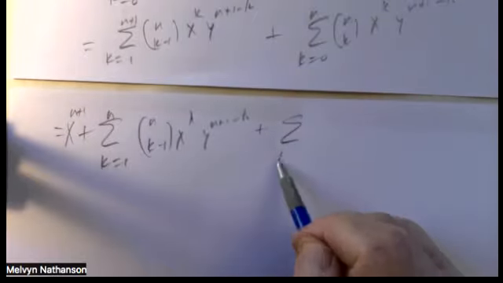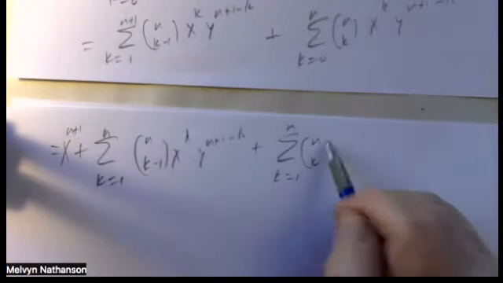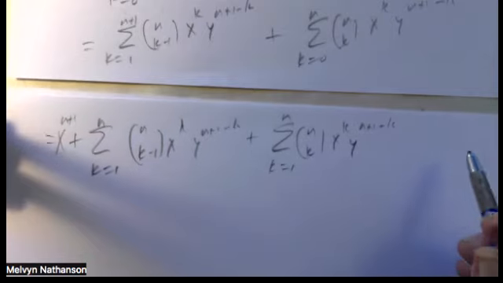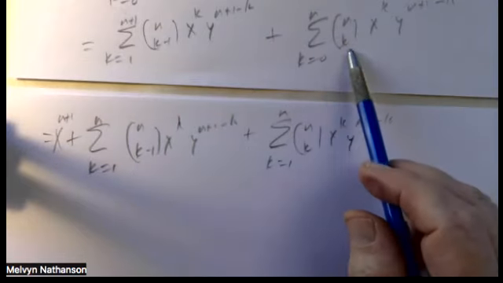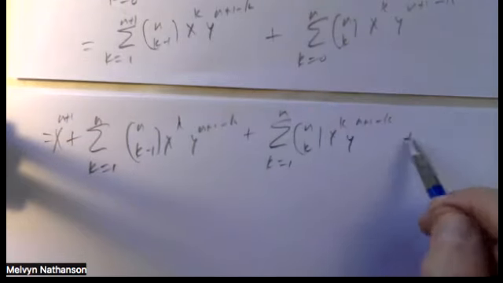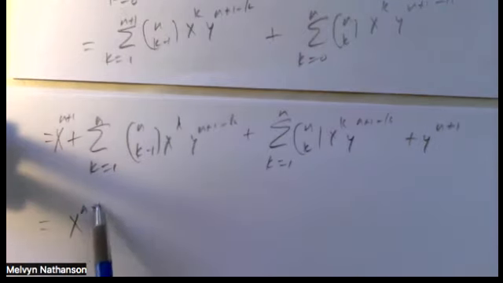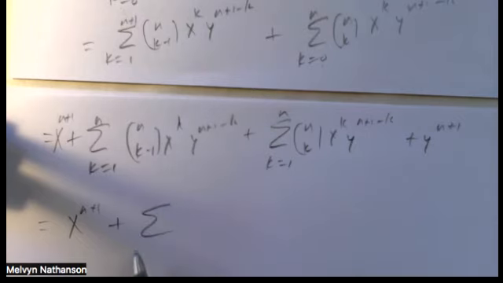And here, the sum goes on up to n of n choose k, x to the k, y to the n plus 1 minus k, together with the term when k equals 0, which is just y to the n plus 1. So this is x to the n plus 1 plus the summation, k goes from 1 up to n.